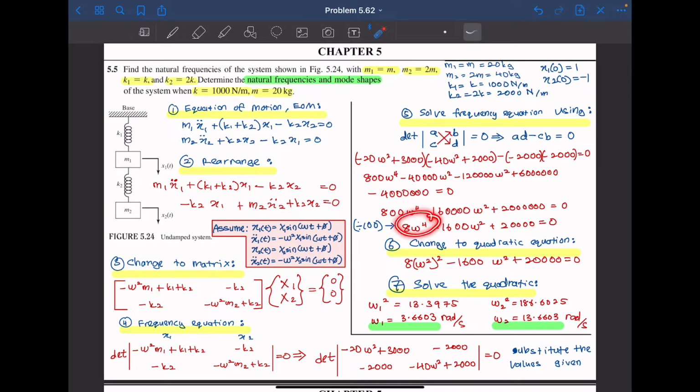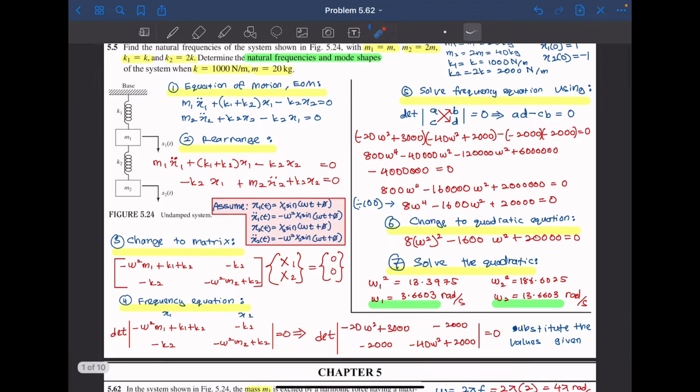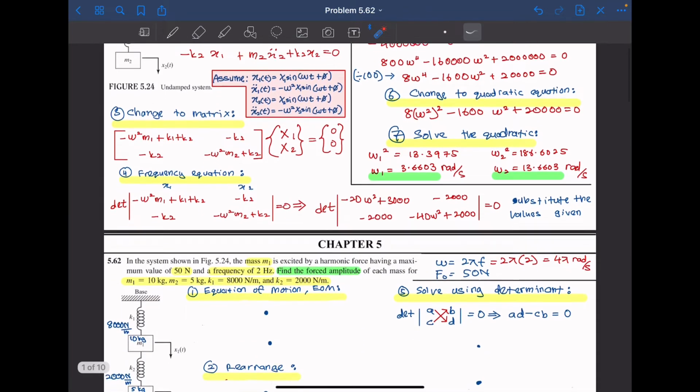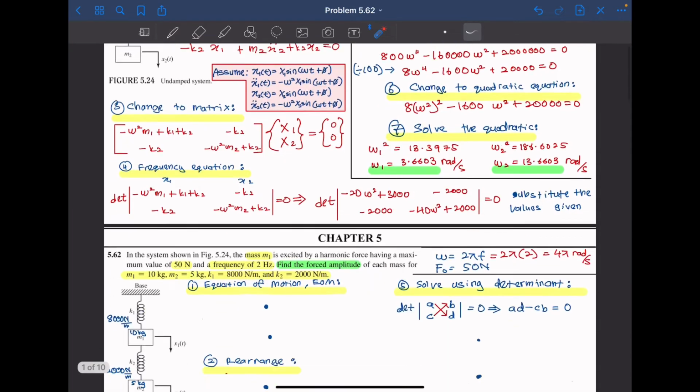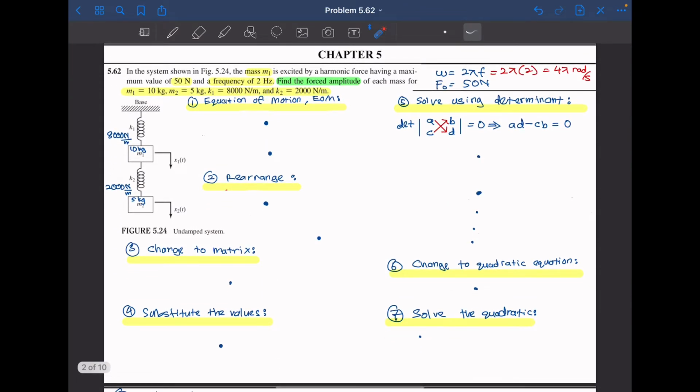You change it into a quadratic equation and solve it, and then you get omega 1 and omega 2, and the last step is to find the mode shapes. You can refer back to the previous question in your PDF, or watch the video for 5.5. But for modal analysis, after you find the mode shapes, you have to do some more methods to find the response. Now let's do 5.62.